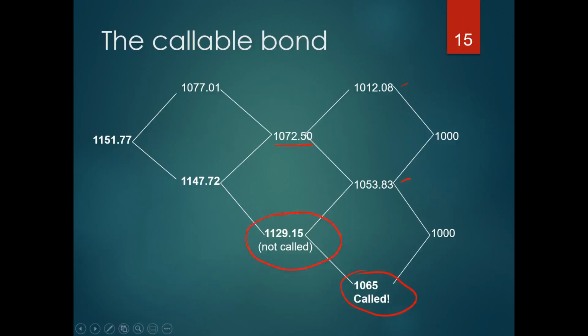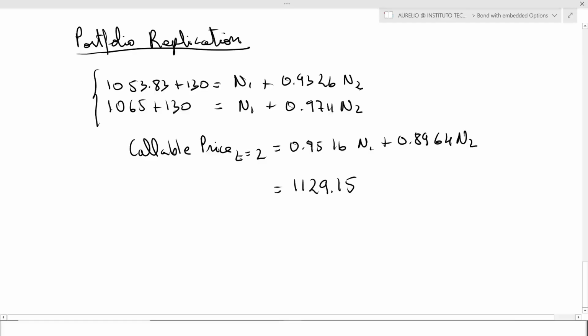So let's see how we get this price. We get it by synthetic replication. So let's do synthetic replication with the 1053.83 and the 1065. Now, one little trick you need to remember here is that you need to add the coupon, because those are ex-coupon prices, but in year t equals 2, you know that you're going to receive that price plus the coupon.